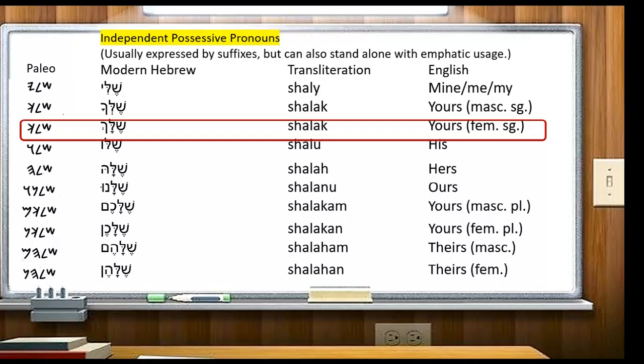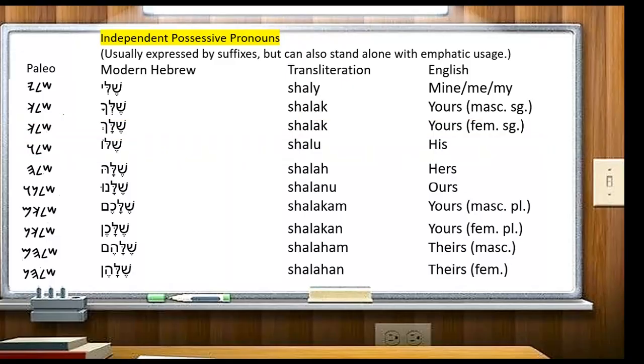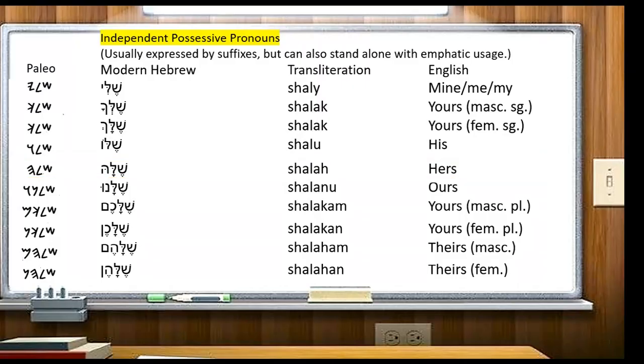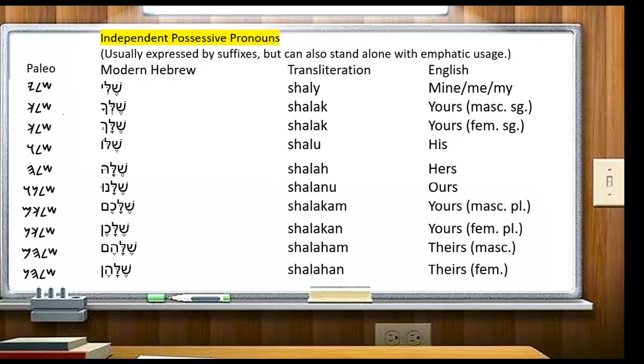Then we get to his, shalu, shalu. Then we get to hers, shala, shala. Then we get to shalanu, which is ours. Then we have, of course, the group.